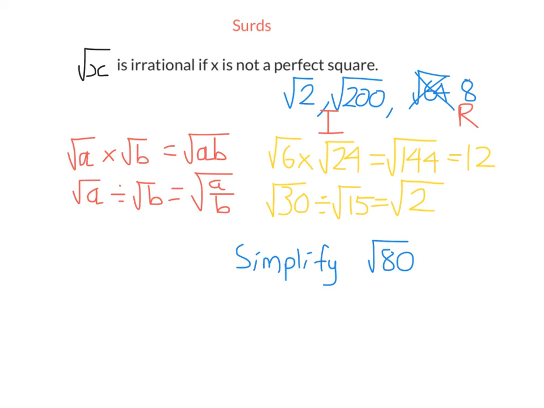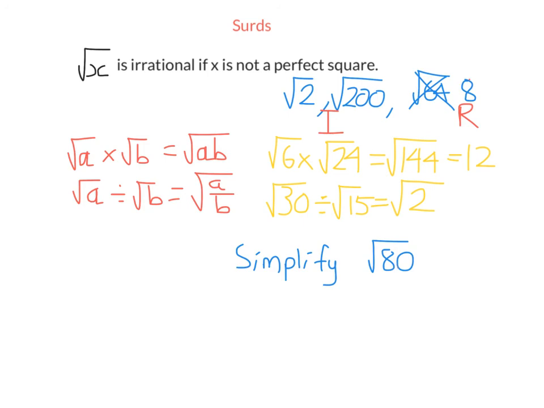What that means is I want to write the same number, but with a lower number inside the square root. Just like when we simplify fractions, we don't change their value, we just write them with lower possible whole numbers. So to simplify a surd, I want to find the highest perfect square that goes into it.